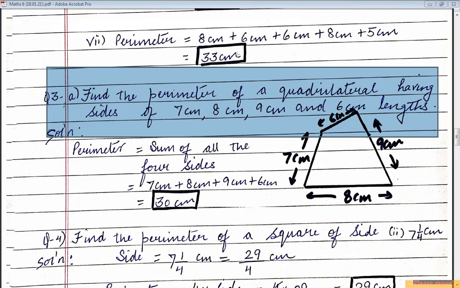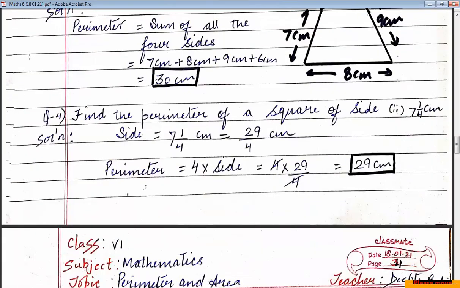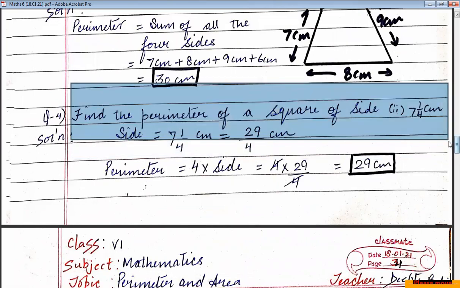Now let's move on to question number 4. Let's see what we have to do in question number 4. In this, you have to find the perimeter of a square of side 7 1 by 4 centimeter. Now what is your side here? 7 1 by 4 centimeter.